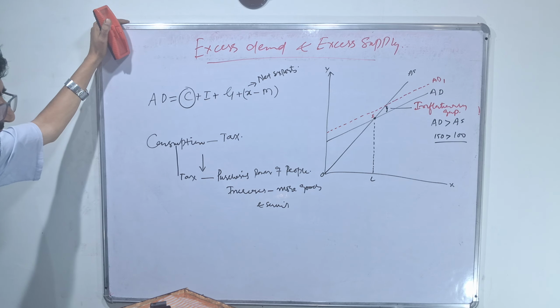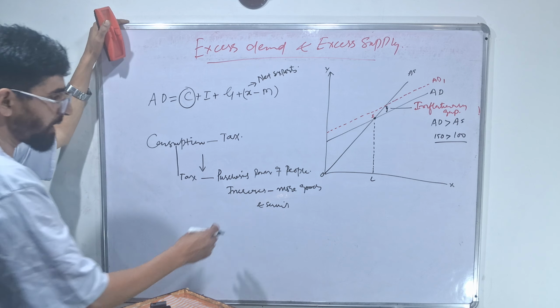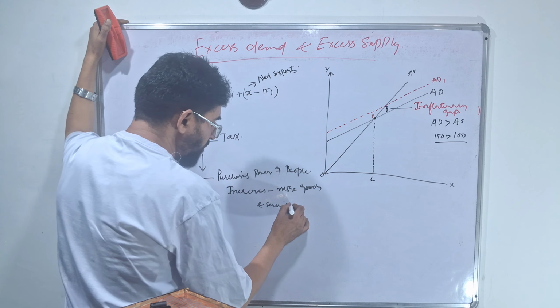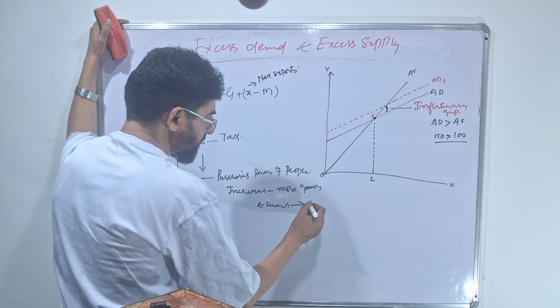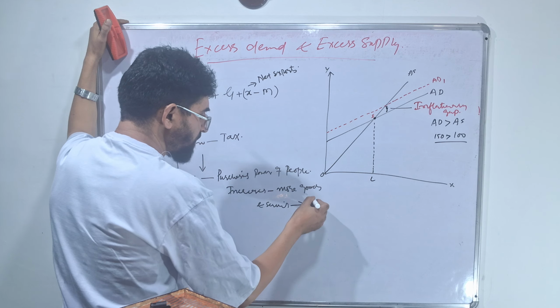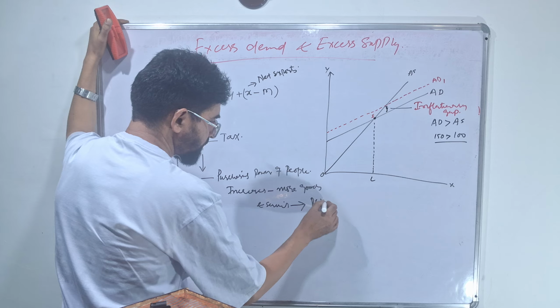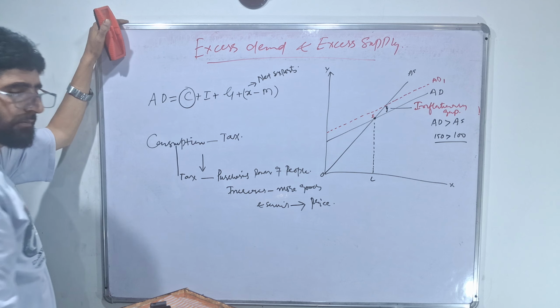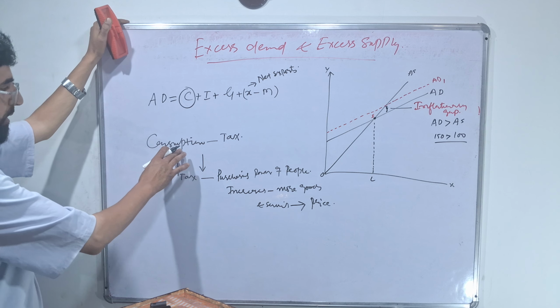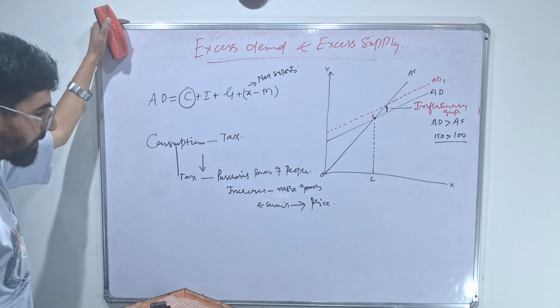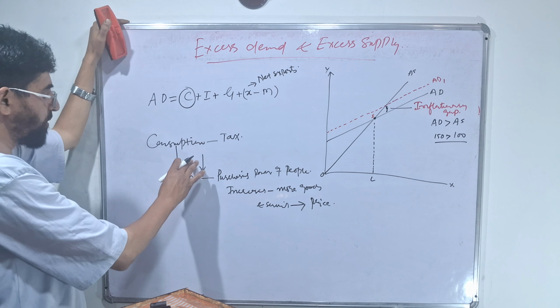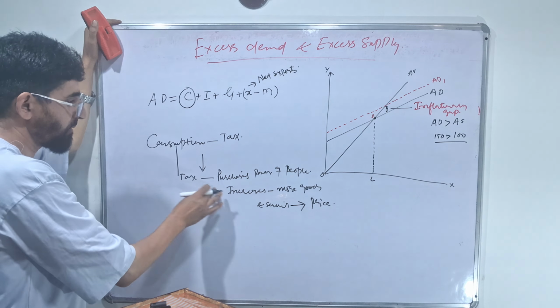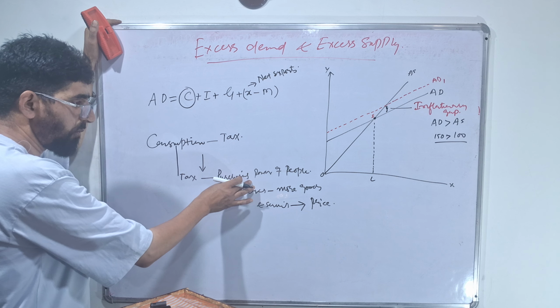Their capability to buy goods and services increases. When they demand more goods and services, this will lead to more demand. More demand will lead to a rise in price at the marketplace. This is one of the factors we will consider: consumption. When the government declines tax, this will increase the purchasing power of the general population.